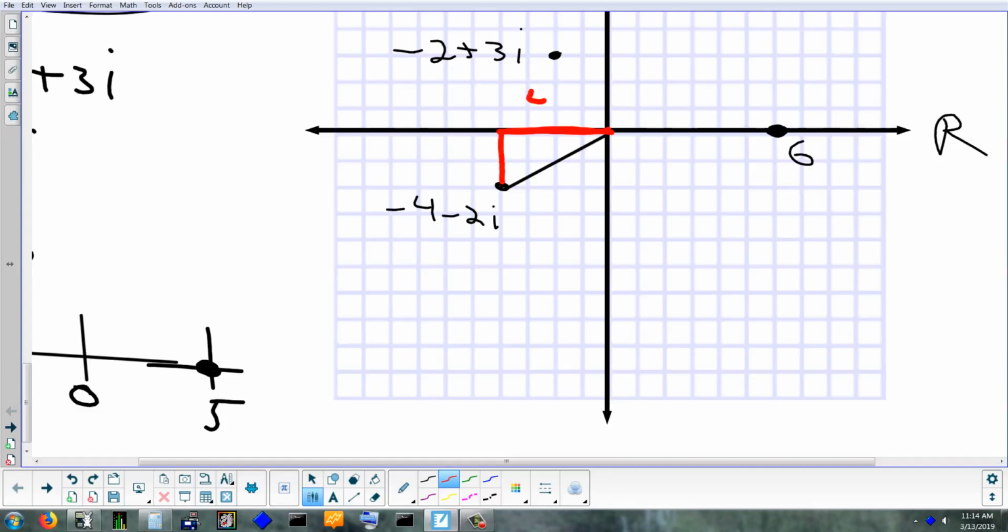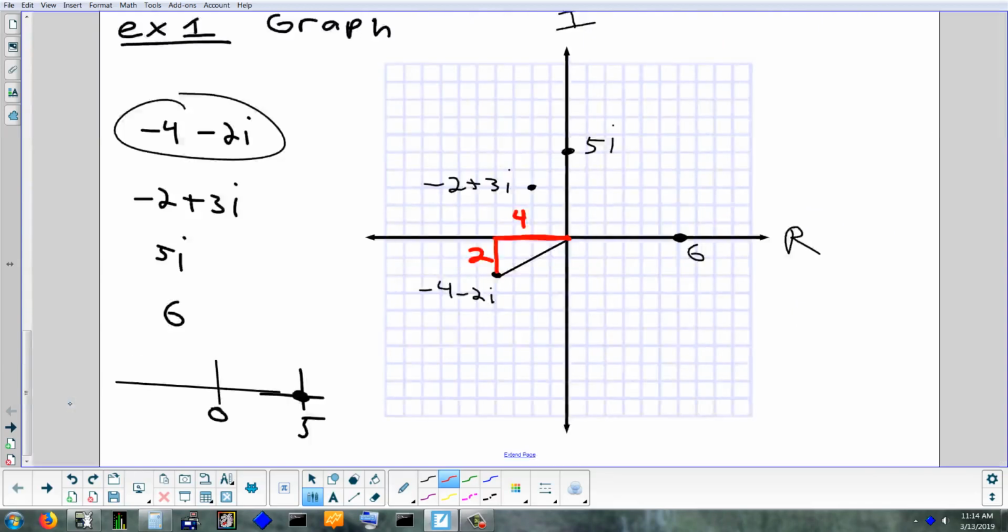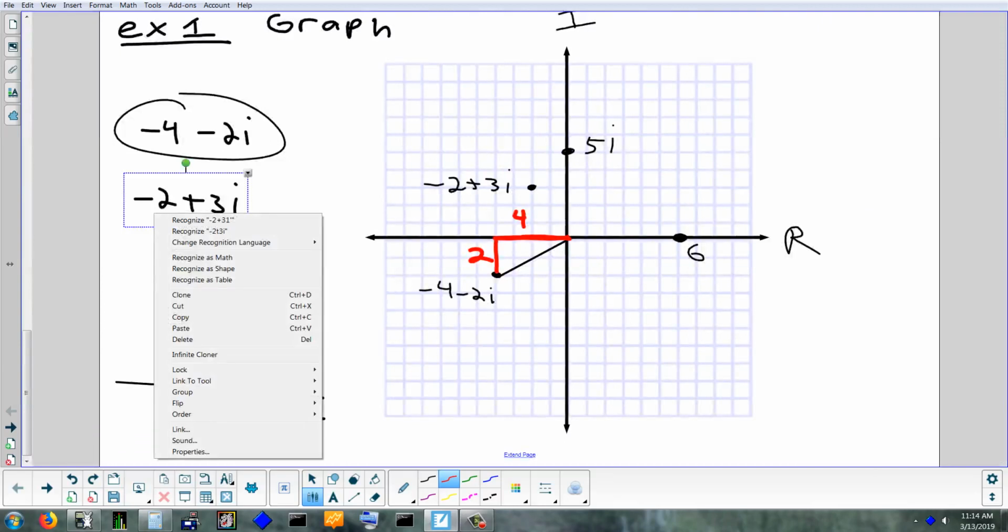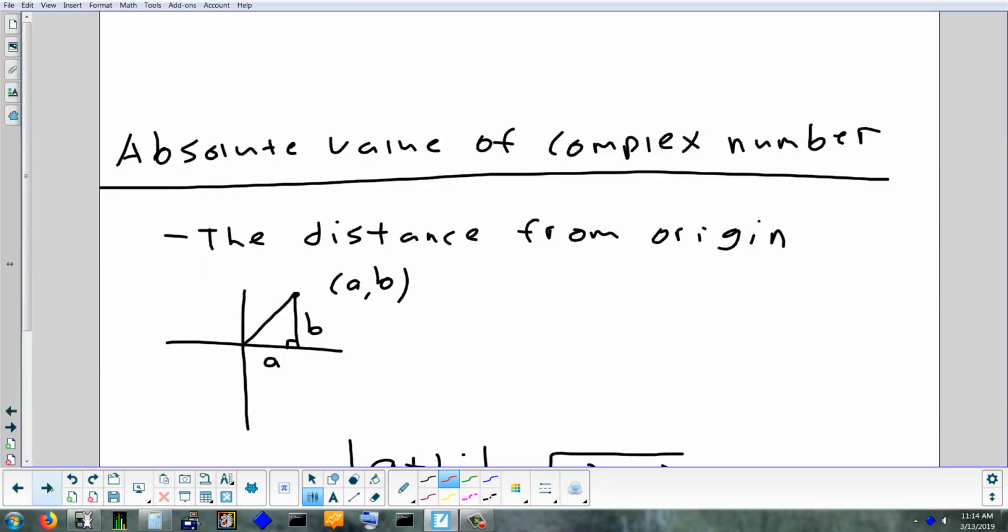And now we could use the numbers. The 4 units. And what would you do with those numbers? Pythagorean theorem. Use the Pythagorean theorem. So to find the absolute value of a complex number, which I'm going to write on the next page, it's really just take the real part and square it, take the imaginary part and square it, add them up and take the square root.